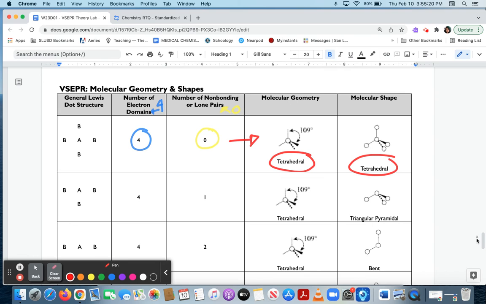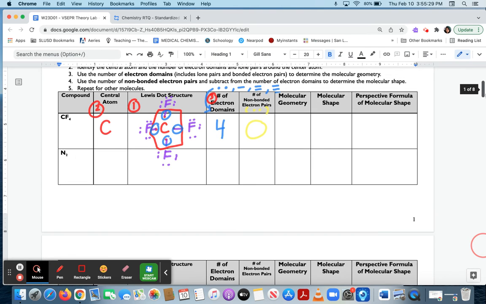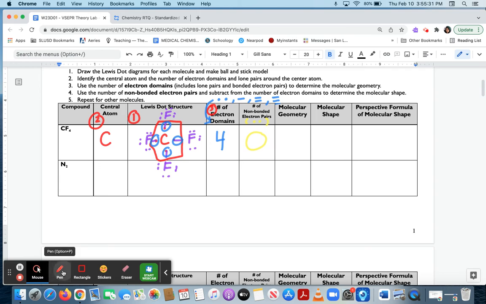So scrolling back to the top portion where my problems are at, I'm going to note that both of these are tetrahedral.